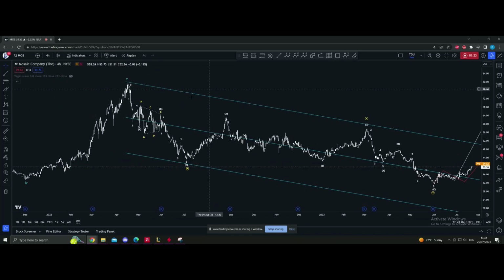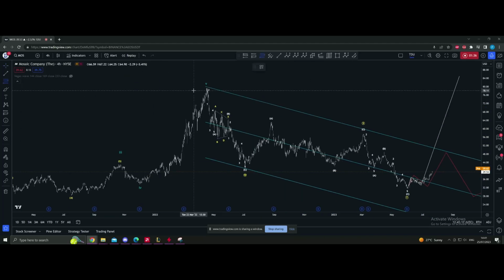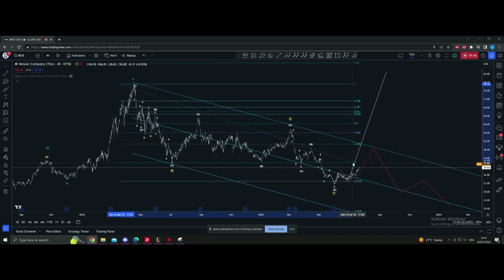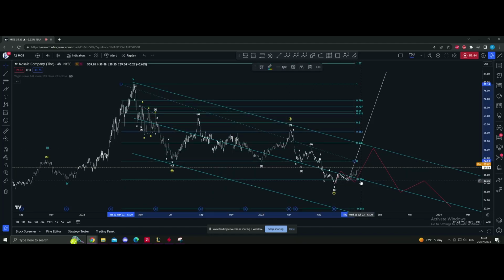We had a wave A impulsive structure with an A, B, C, D, E triangle for your wave B. So A, B, 1, 2, 3, 4, 5 for your wave W. Then we hit a measured move, and the target for the measured move is always 0.23.